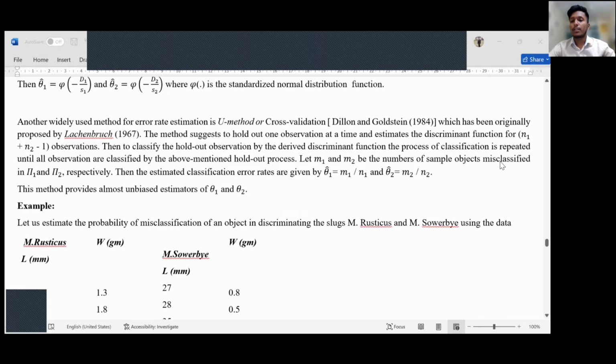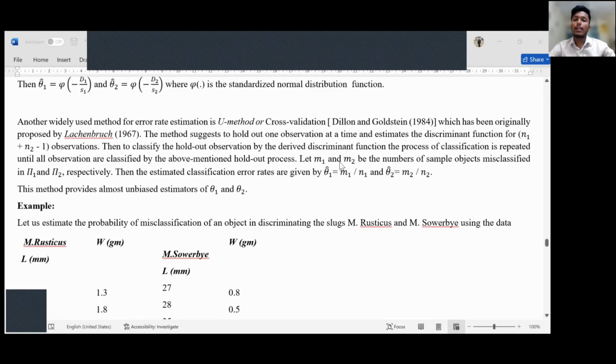The classification process is repeated until all observations are classified by this holdout process. So we remove one observation, find the discriminant function from the remaining observations, and do this for all observations.